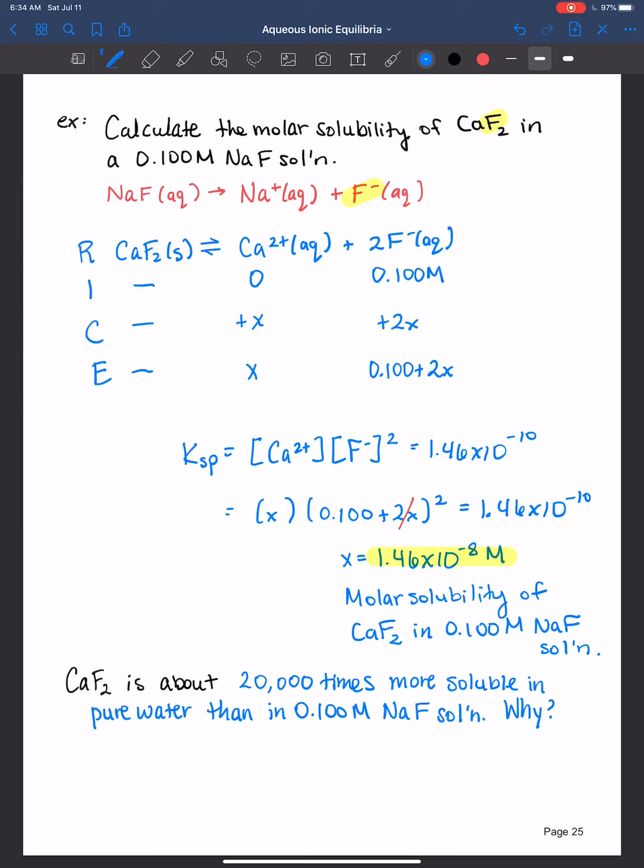Well, the reason why is because of Le Chatelier's principle and the common ion effect.